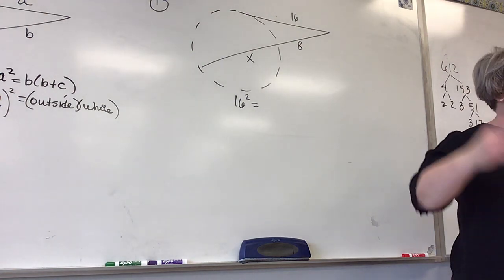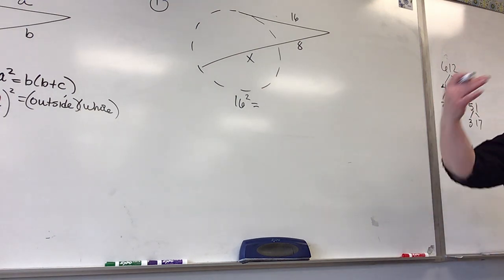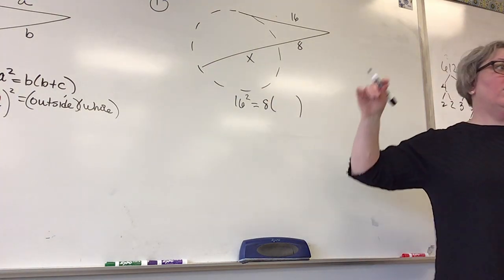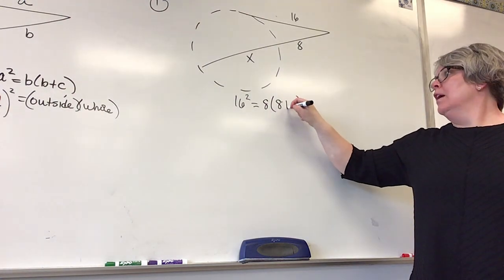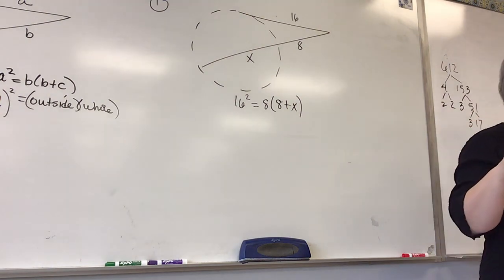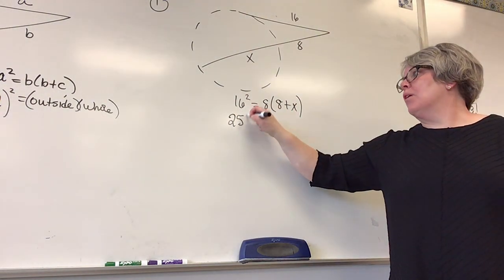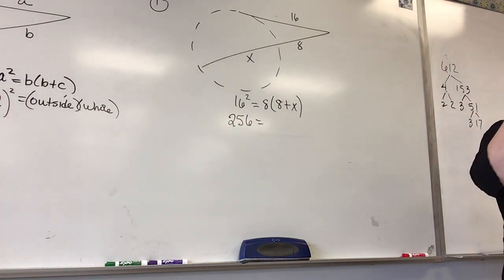And then the secant is the exact same thing as we did before. It's outside times whole. So who's outside? 8. And then whole, please add 8 plus x. I don't care if you wrote x plus 8 or 8 plus x. That doesn't matter. 256, please check me though. Yeah? 256? And then what property is that?